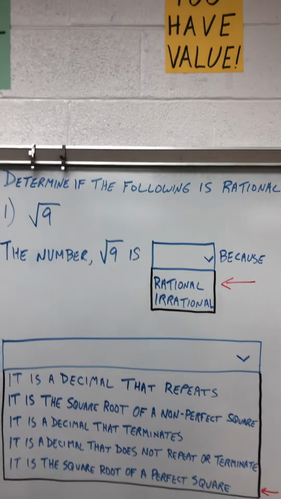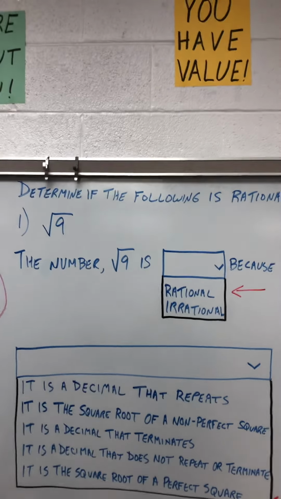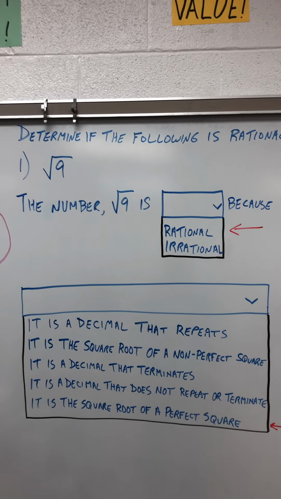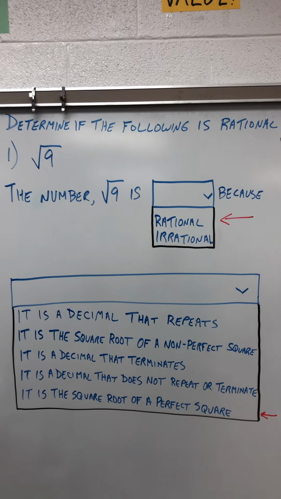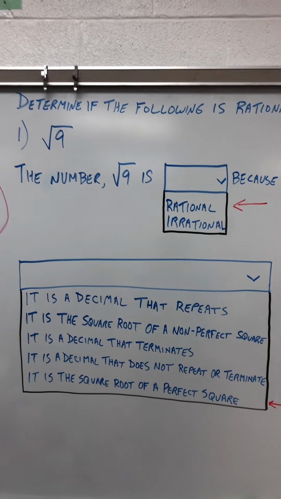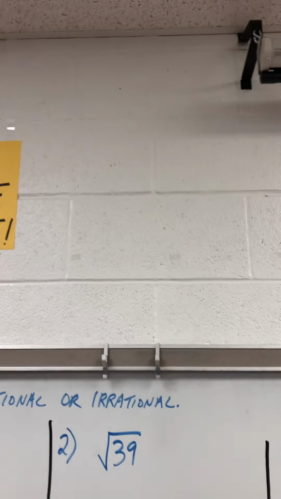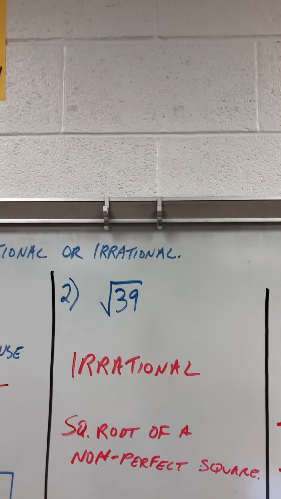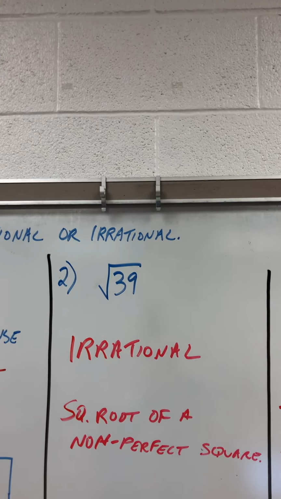No. It is the square root of a perfect square. That is what this one is. Okay, the square root of a perfect square, which makes it rational. If you ask square root of 39, that one's going to be irrational because it's the square root of a non-perfect square, right?